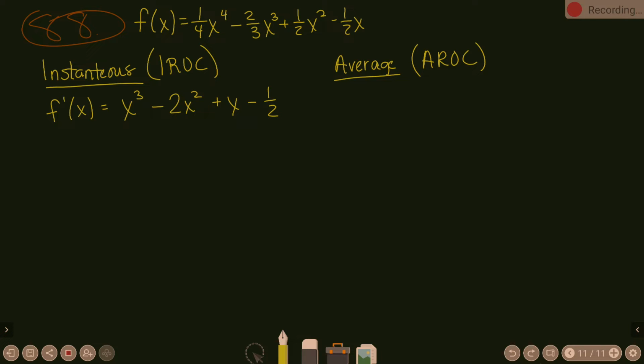In order to do AROC, the average rate of change, we are looking at our interval, which the provided interval is 0, 1.565.